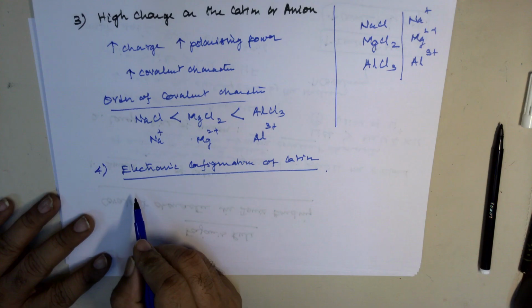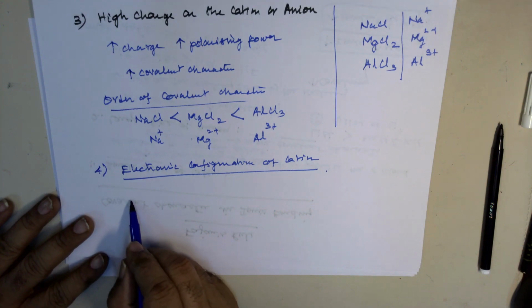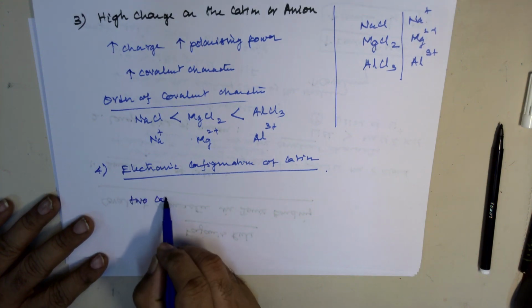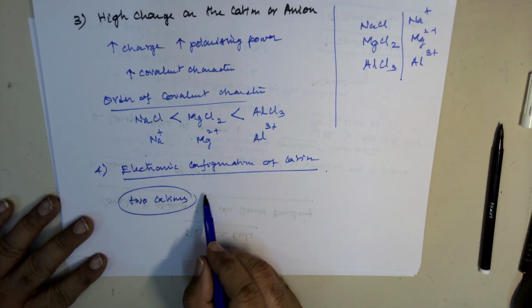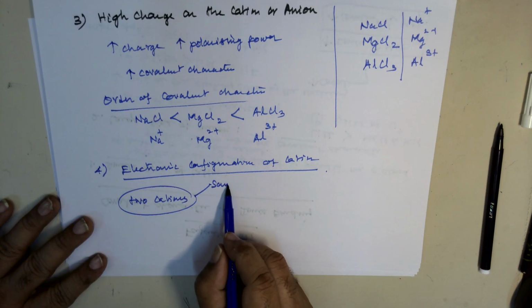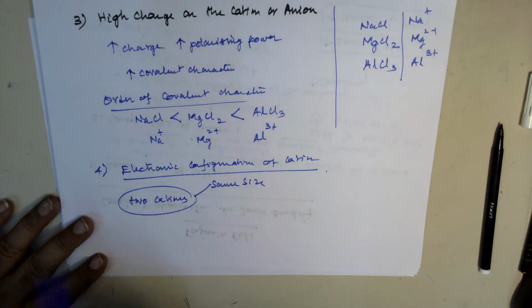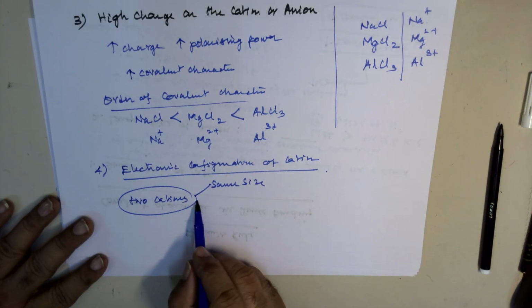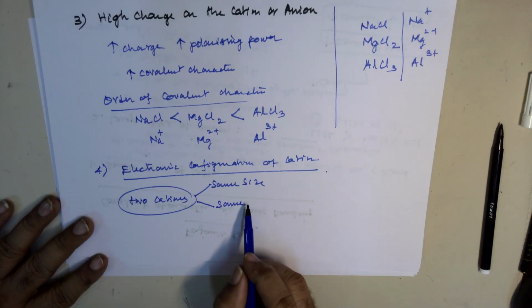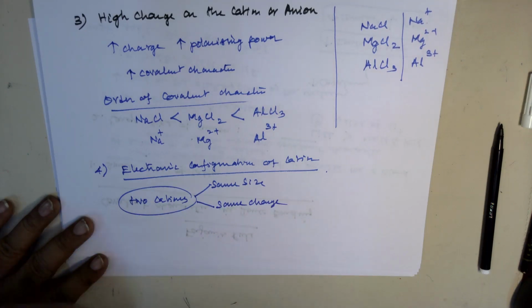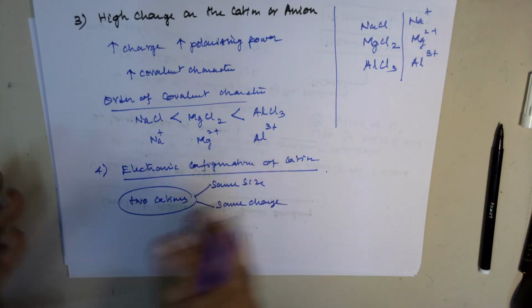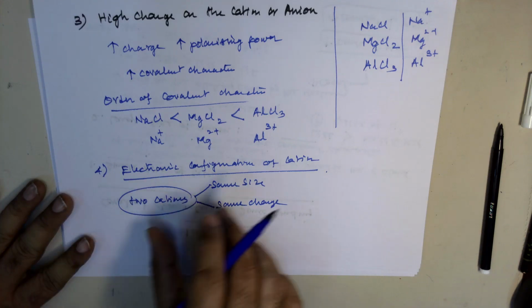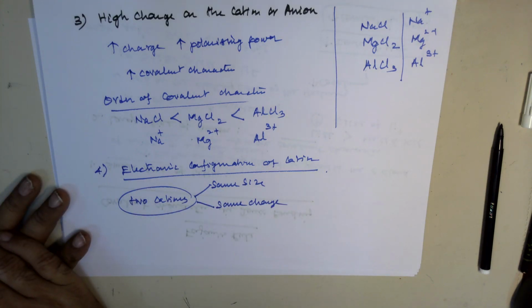So in this case, we consider two cations. They have the same size and the same charge, but we need to justify the covalent behavior in such cations.